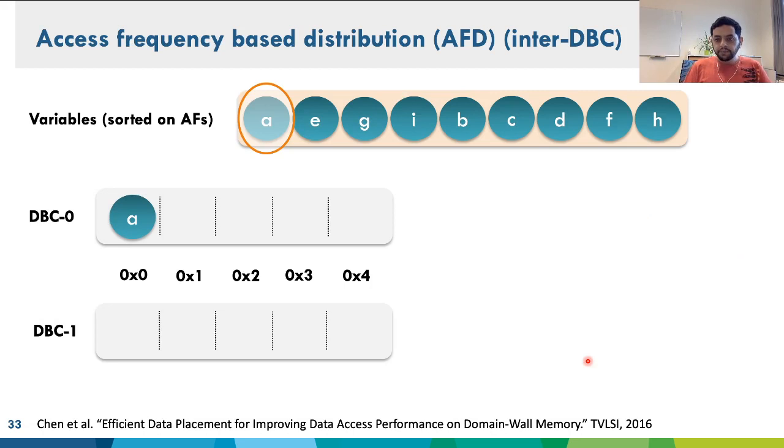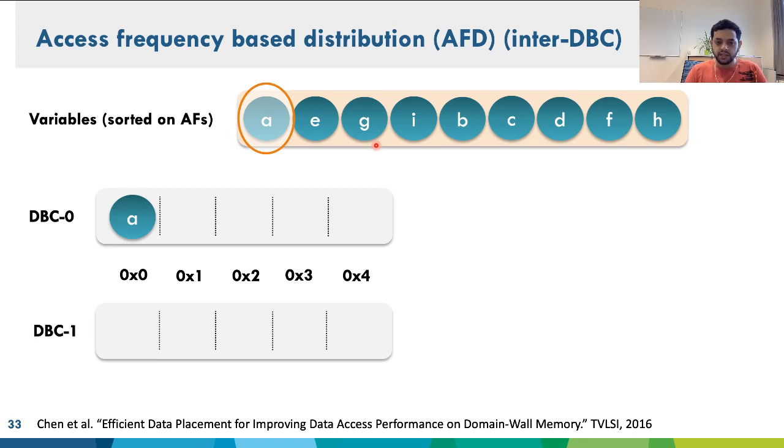Talking about multiple DBCs or variable distribution across DBCs, which is what we call inter-DBC placement, there is a heuristic proposed by Chen et al. in a paper published at TCAD in 2016. The way it works is that it takes all 9 variables and sorts them based on access frequencies. Access frequency is the number of times a variable is accessed in the memory trace.